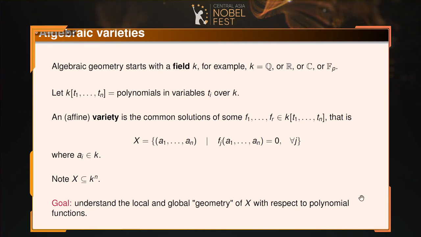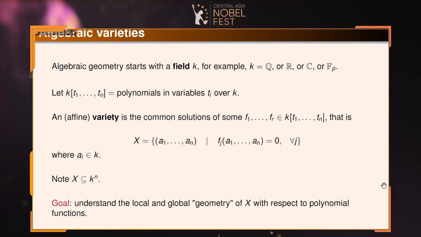Although we need to define exactly what we mean by geometry, there is no time to do it here. So just remember that you start with polynomial functions, you look at the solutions, and now consider them as a geometric space. So the goal is then to understand the geometry, the shape of this space in a local sense, but also in a global sense.